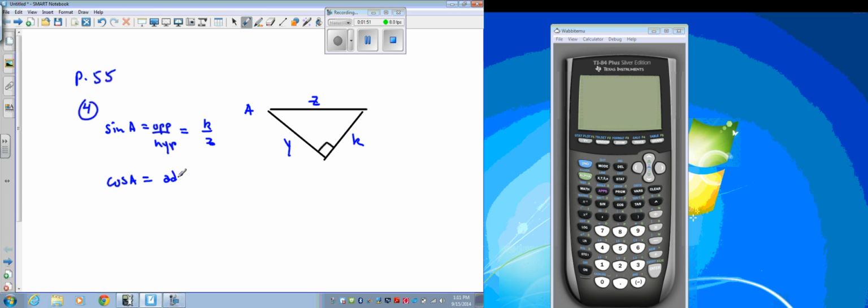Adjacent over hypotenuse. And the adjacent is going to be Y over Z. And then the tangent of the angle is what? Opposite over adjacent. So K over Y.